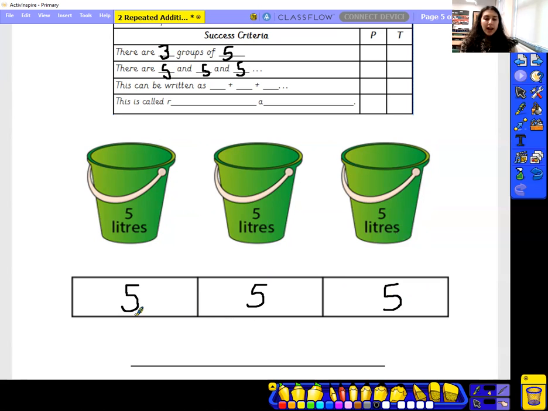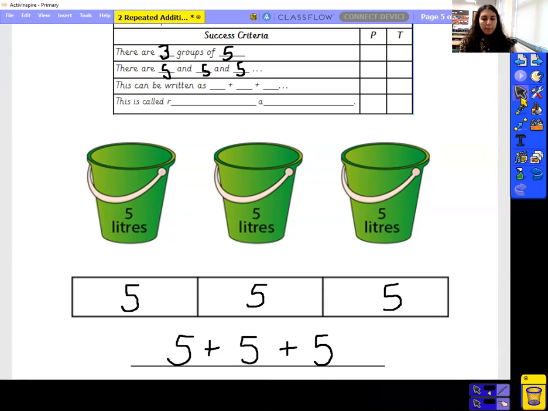So instead of saying 5 and 5 and 5, we could then write 5 plus 5 plus 5. So just have a think, what does each of those 5s represent?